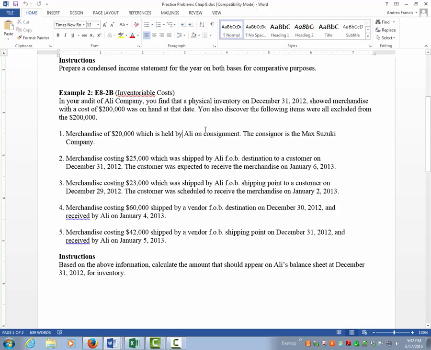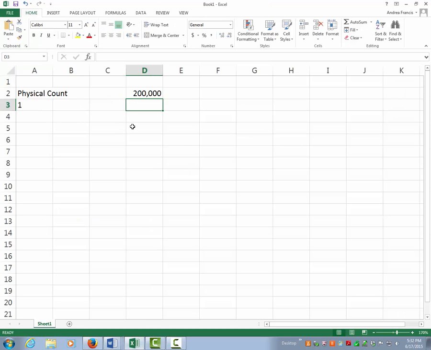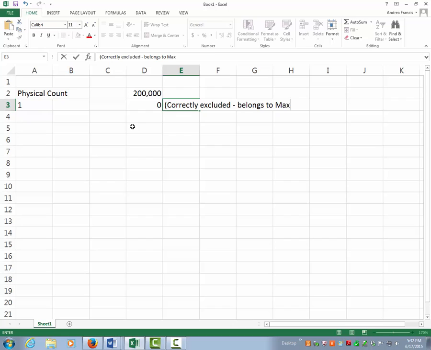So even though Ali has the stuff on consignment, it belongs to Max Suzuki. Therefore, Ali correctly excluded this inventory from its count. So we don't need to do anything. So we'll put 0 here, and in brackets we can say correctly excluded because it belongs to Max Suzuki.